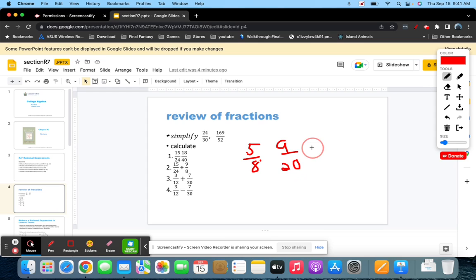And then you multiply numerators and your denominators, and you should get 45 over 160. But you could reduce again by 5 and get 9 over 32.